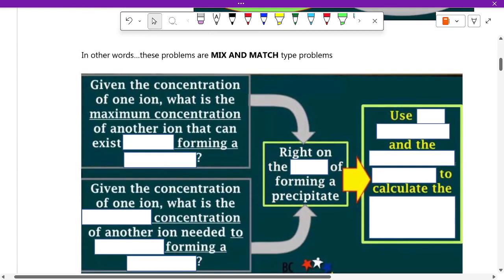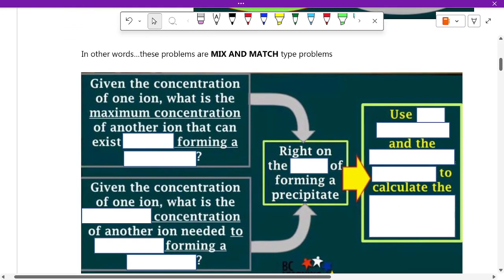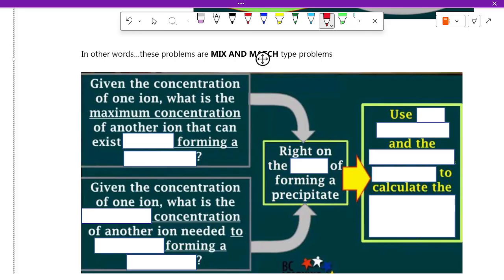Given the concentration of one ion, what is the maximum concentration of another ion that can exist without forming a precipitate?